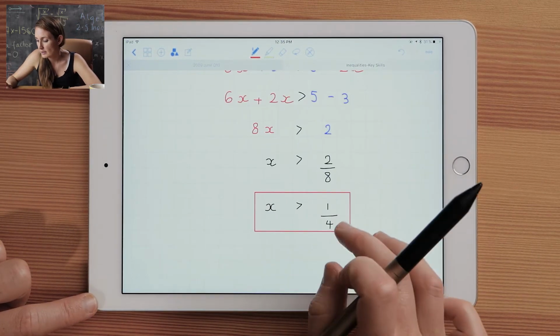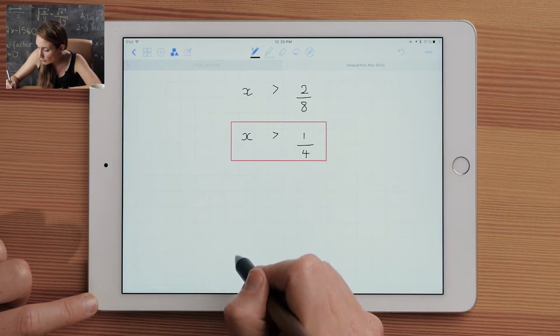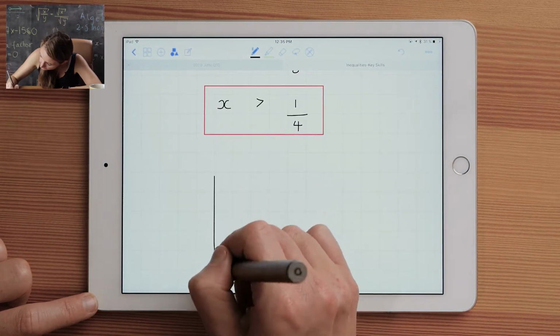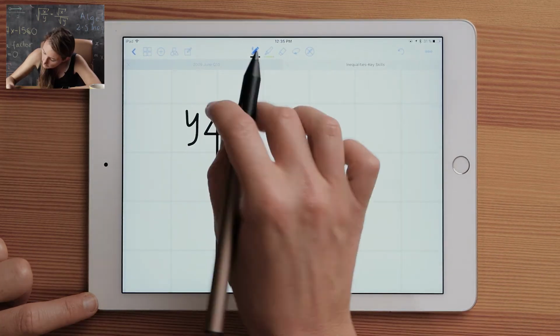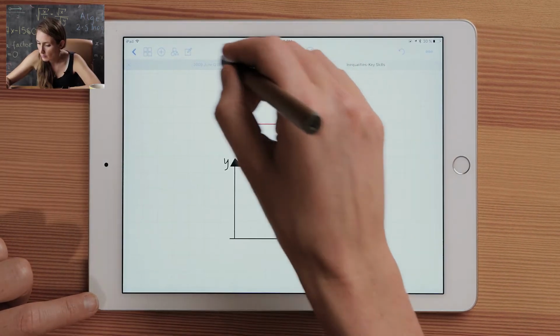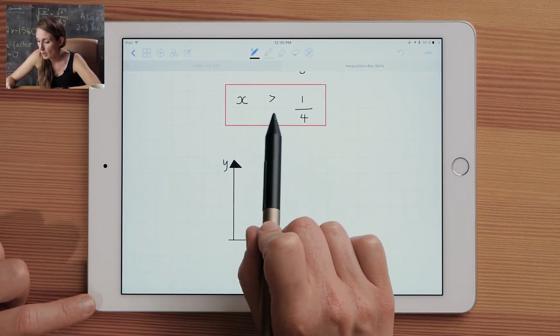Like always, I'm going to draw a little diagram to illustrate where this region would be. I'm going to draw my coordinate axis system. How I would start is I would draw the line x is equal to a quarter.